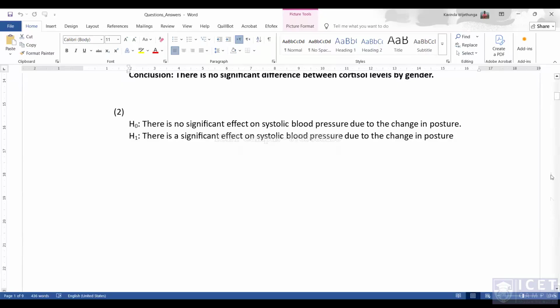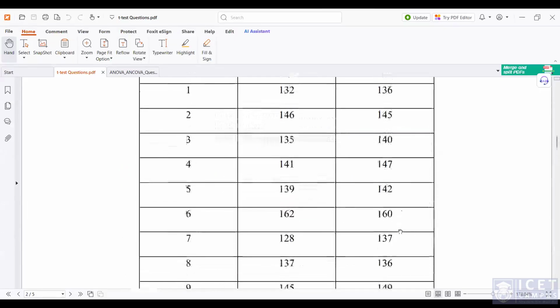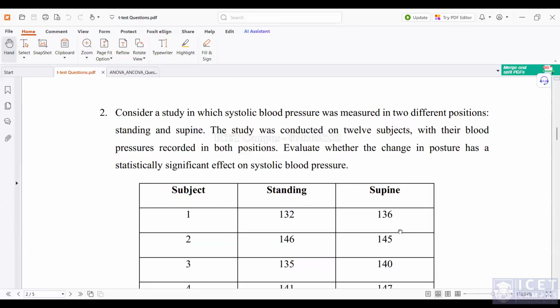Then we can enter the data. In the data, there should be two columns. One is standing, the other one is supine. So we need to enter this data into two different columns.